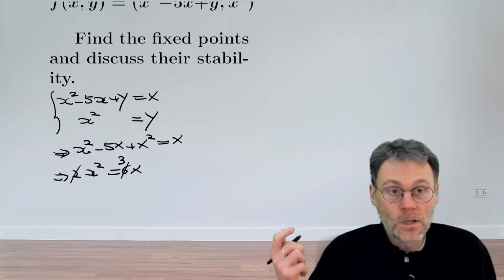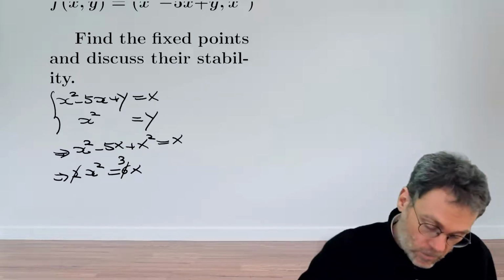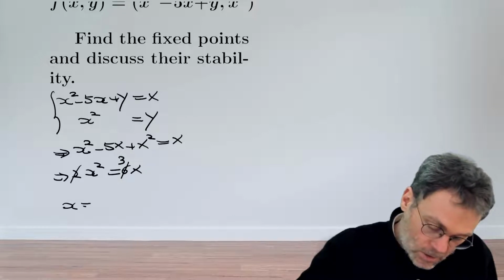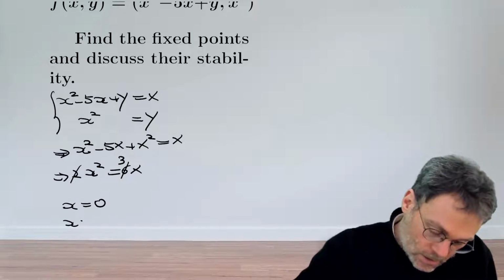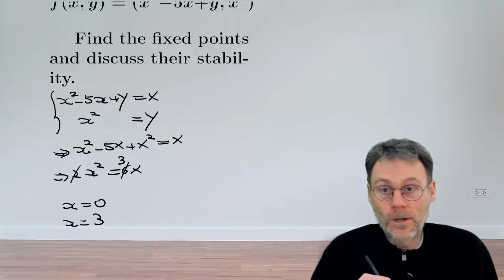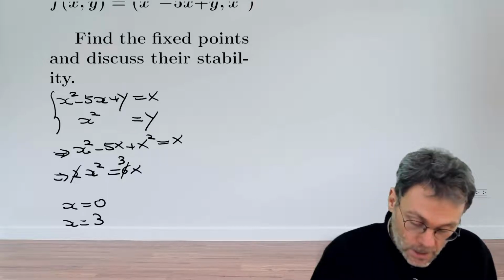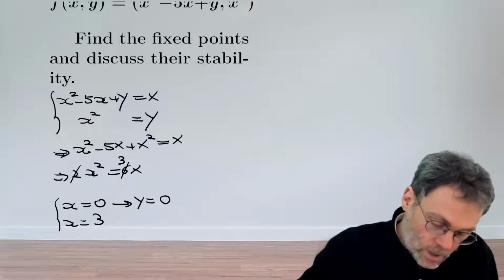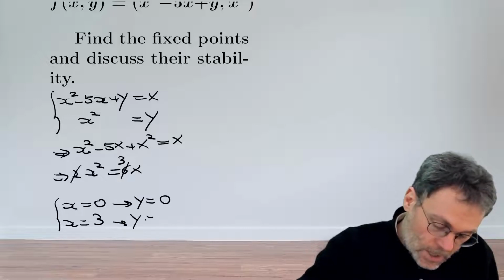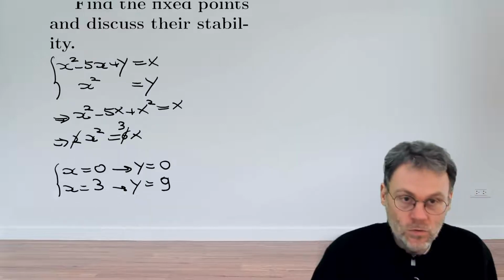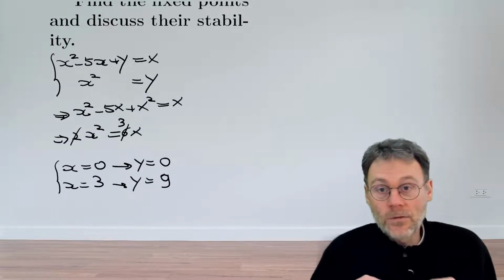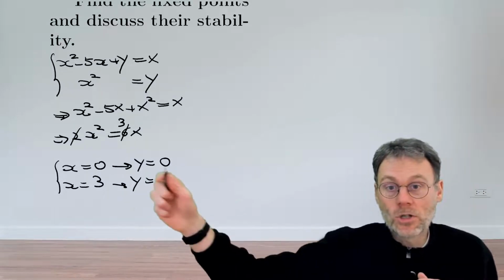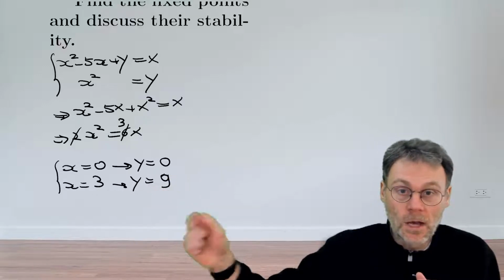And then we can immediately see that the solutions for x are x equal to 0 and x equal to 3. Figuring out what y is trivial because we then just need to square that. So in this case, y is also equal to 0, and here y is equal to 9. So this gives us our two fixed points, the origin and the point (3, 9).